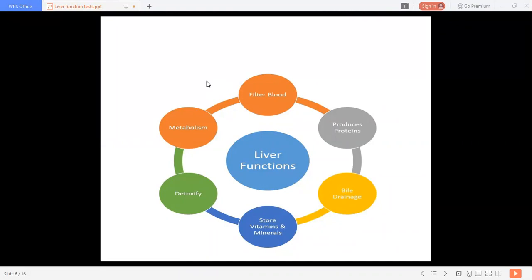So it also helps us to judge the nutritional status of our system. During pregnancy, the levels of albumin become lower than the normal range. Then a considerable decrease in the levels of serum albumin may be the sign of existing liver disease.